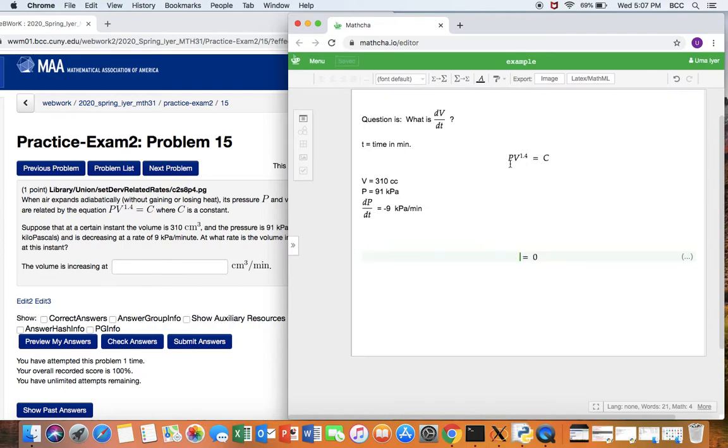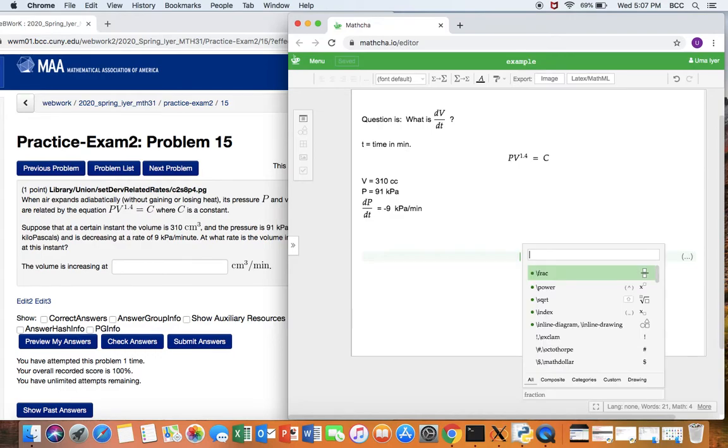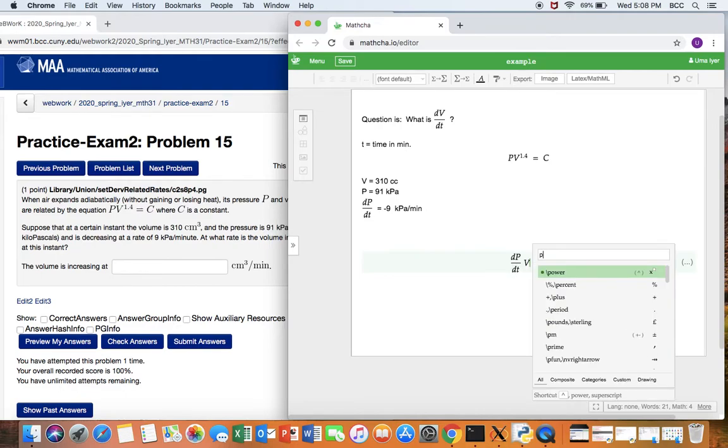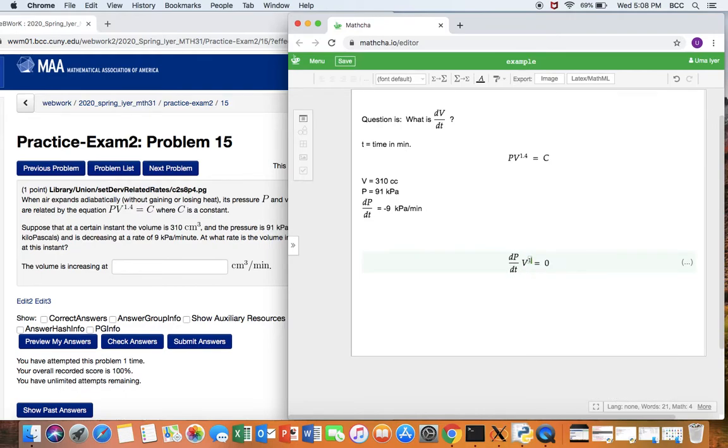So let's go. Derivative of the first. Derivative is written in fraction form, dP/dt. Second as it is, V to the power 1.4, plus first as it is, derivative of the second. So notice you will need power rule there, right?